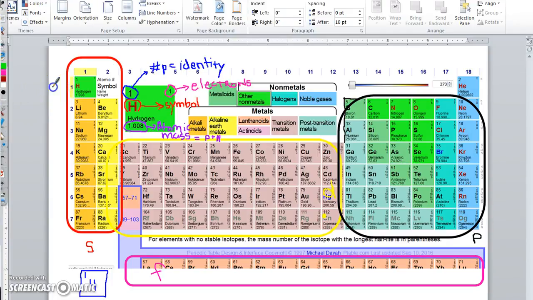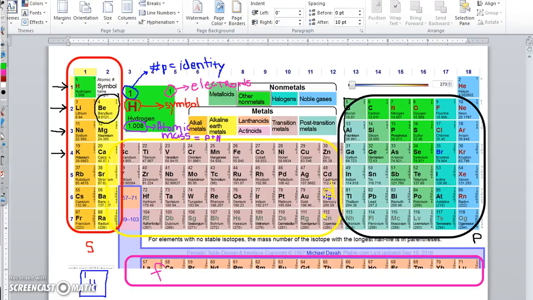One of the last things I want to show you is that when we look at the different rows of the periodic table, this is going to identify how many energy levels the atoms within this row have. For example, if I wanted to apply this, we can pick any element. Let's do beryllium.